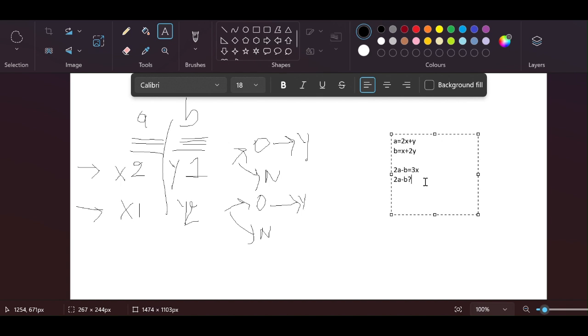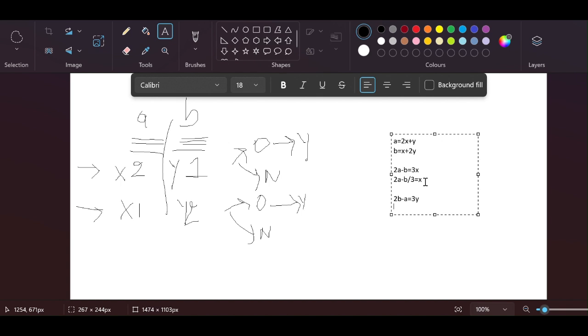divided by 3 equal to x. So if we are changing those equation positions, we get 2b minus a equal to 3y, right?